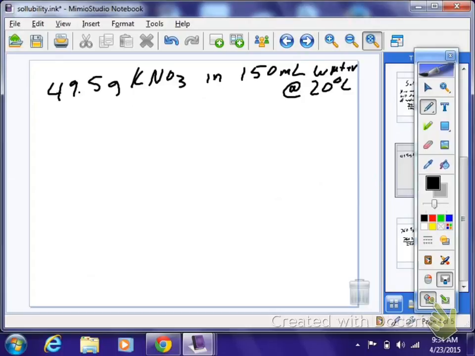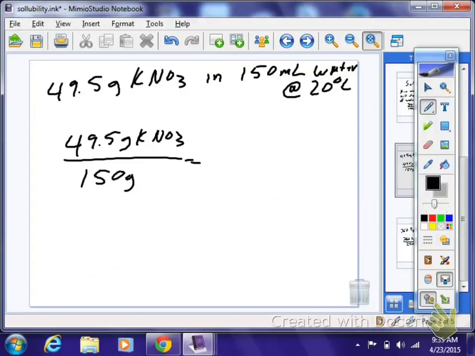Take 49.5 grams of KNO3 over 150 grams, and that equals X grams over 100, right? And so what do you get for an answer? 33. Okay, 33 grams of KNO3.